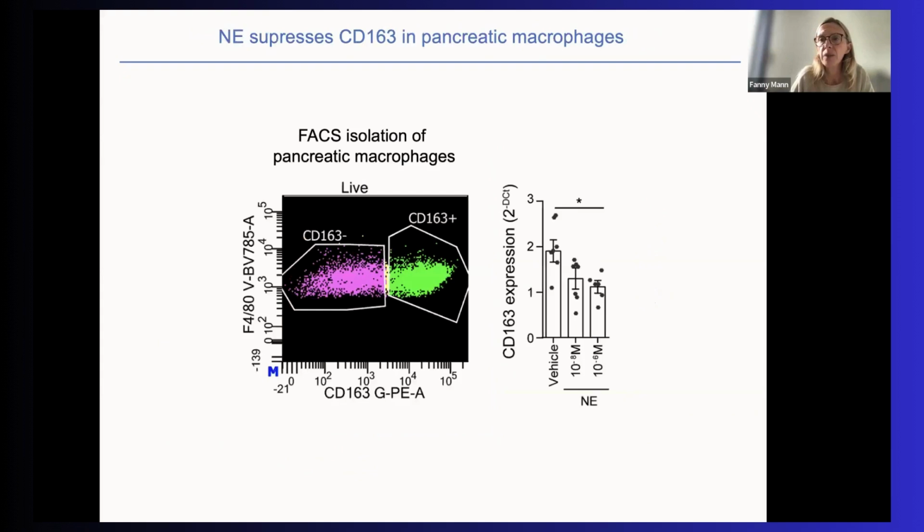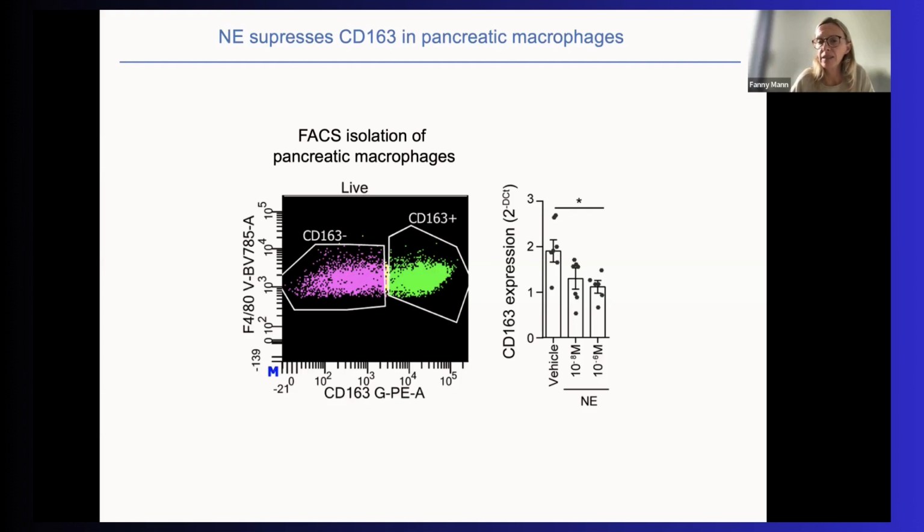And then we asked whether the adrenergic activity of the sympathetic nervous system might be directly able to regulate the macrophage identity. So for this, we FACS sorted the CD163 positive macrophages from the pancreas of the mice, and we exposed these macrophages to different concentrations of norepinephrine, which is the main neurotransmitter of the sympathetic nervous system.